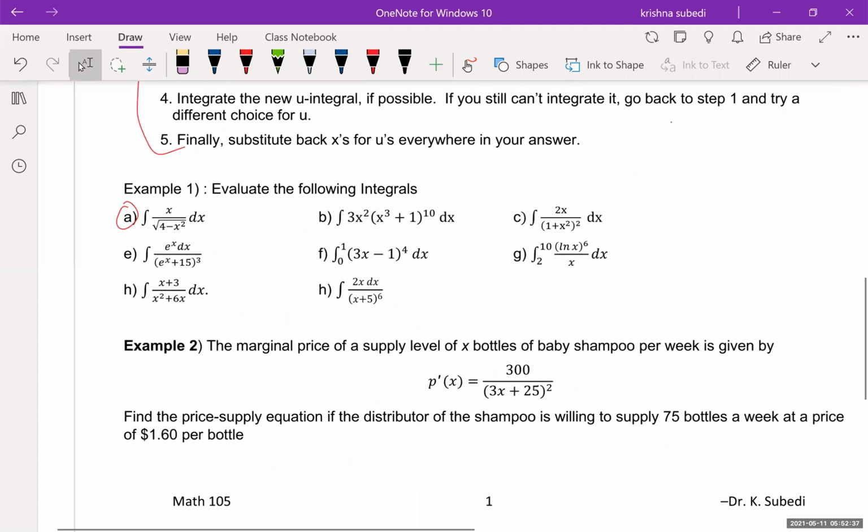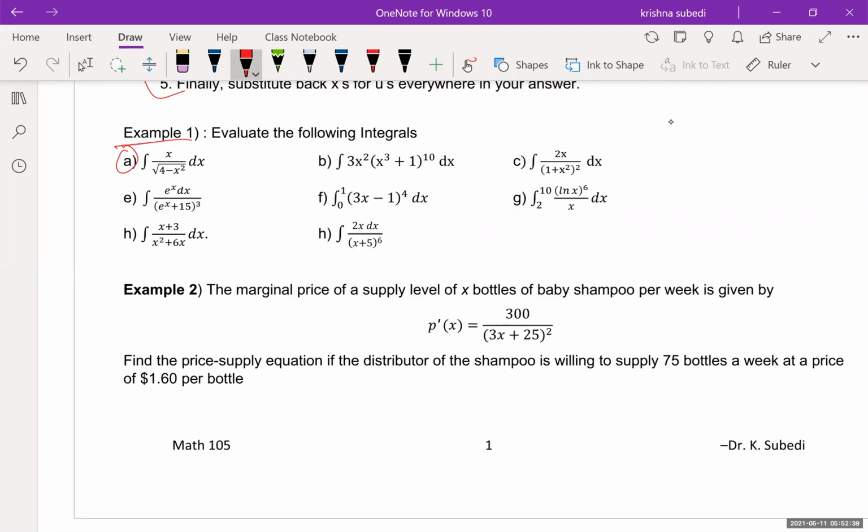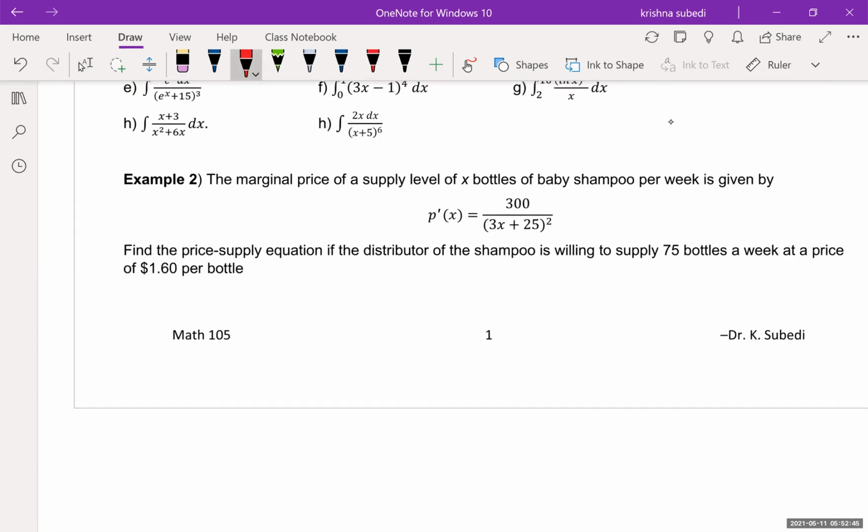Let's look at example one, part A. Let me just copy the question. The integral of x over square root of 4 minus x squared dx.